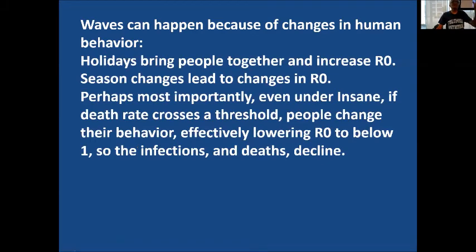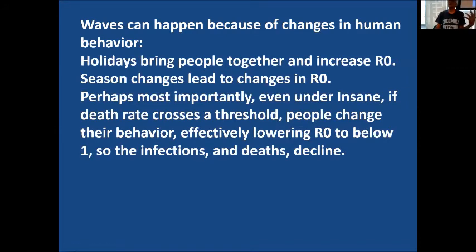Even if the governor is insanely hostile, people are going to change their personal behavior because they hear about people dying, and they know it's from the virus. They may socialize less, or they may socialize differently, effectively lowering R naught below 1, so the infections and deaths come down.